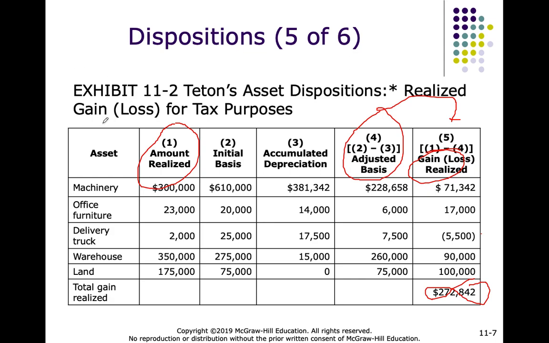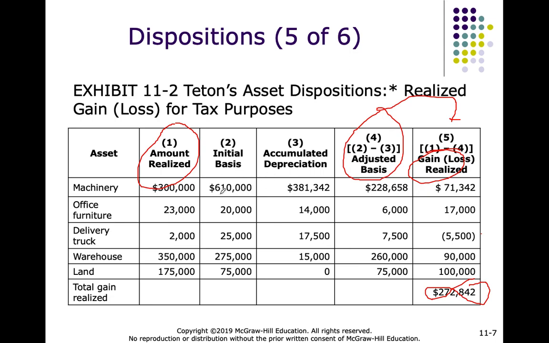We have personal property and real property, and these assets are being used for business. The amount realized is whatever we have received in exchange for the sale. Could be cash, could be the buyer's assumption of any debt. It could be another property, the fair market value of another property received.